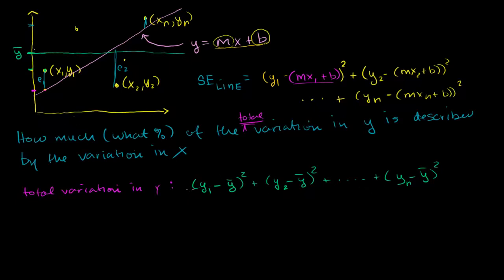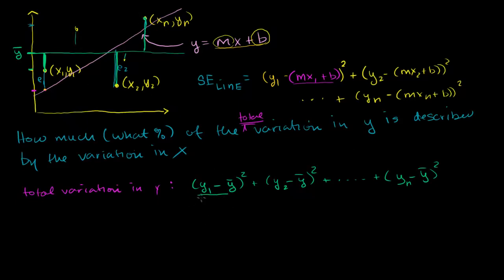And what we're measuring over here, this error, is the square of this distance between the first point vertically and this line. The second one is going to be this distance, right up to the line. The nth one is going to be the distance from there all the way to the line. And then there are these other points in between. This is the total variation in y.